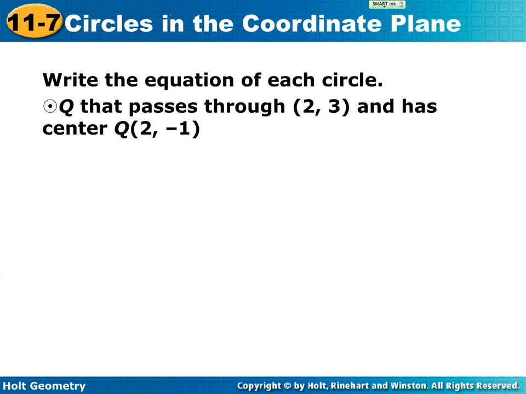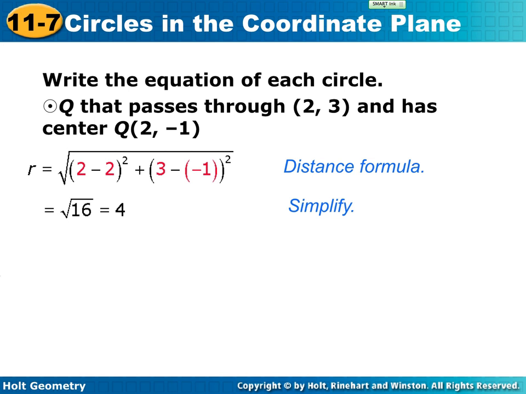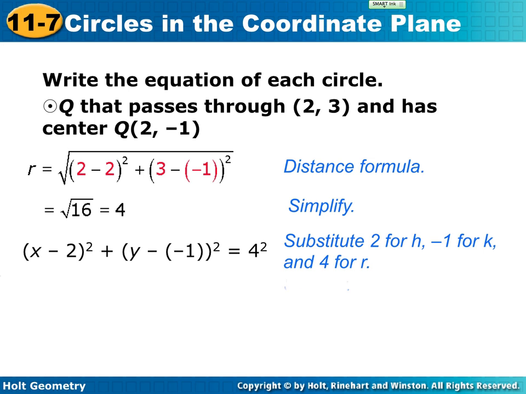What's the radius? 4. Correct. So then the equation is, Michael, x minus 2 squared plus y plus 1 squared equals 4 squared. So equals 16 in the end. That end part is the radius squared, because where that came from was distance formula squaring each side. The radius becomes squared. Okay, how many got that one right?